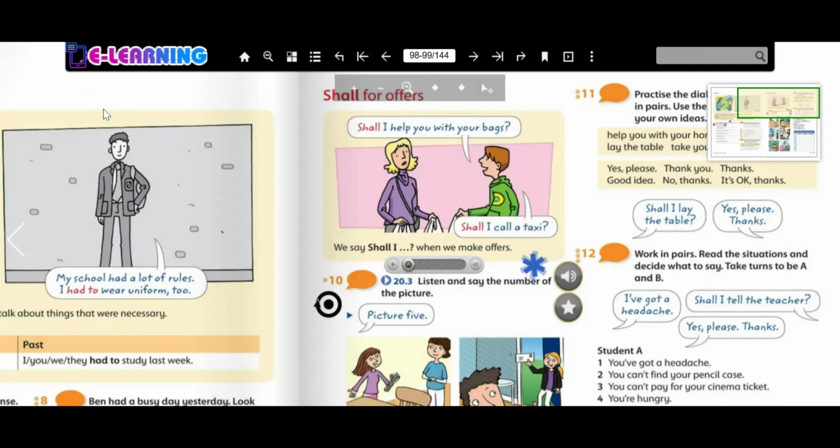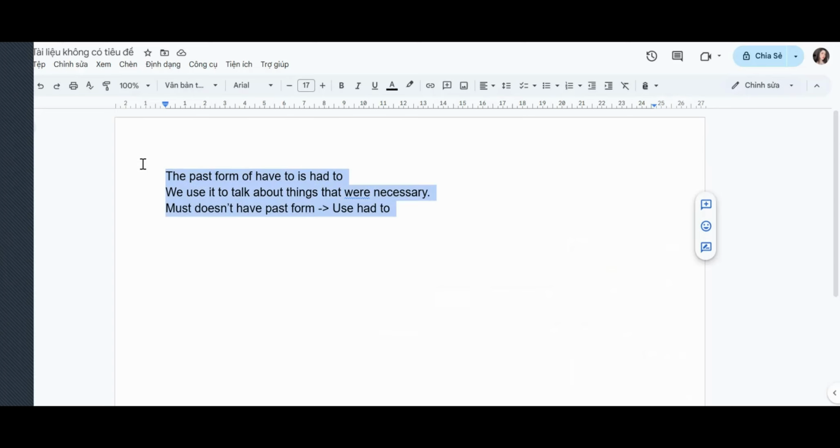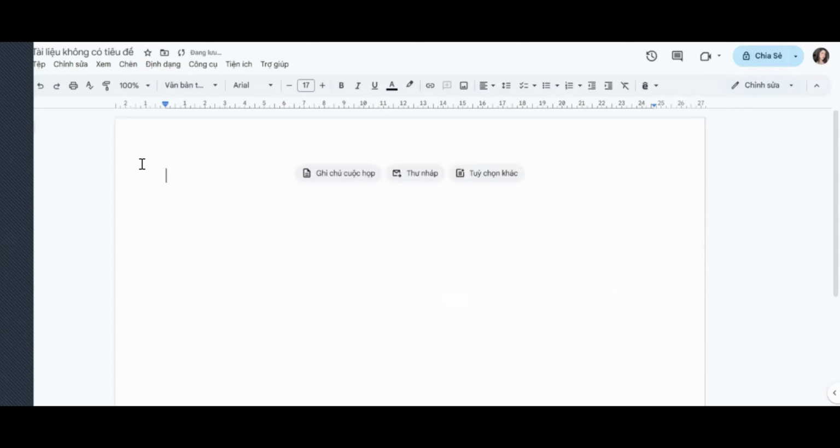All right, so let's move on to shall I for offers. Please read this orange box and then answer my questions. So when do we say, shall I?